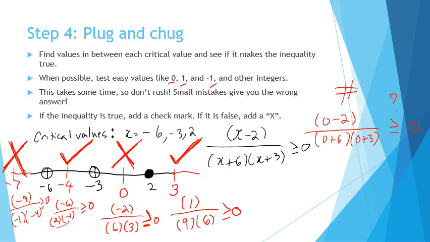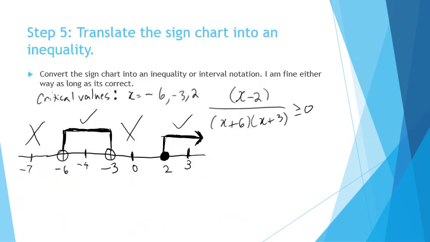All right, so once you have your check marks and your X's, then it's pretty easy to go from there. Pretty much anytime you see a check mark, you want to include that as part of your solution set. That's part of the values that make this inequality true. Remember, you're working off of your critical points, right? -6, -3, and 2.